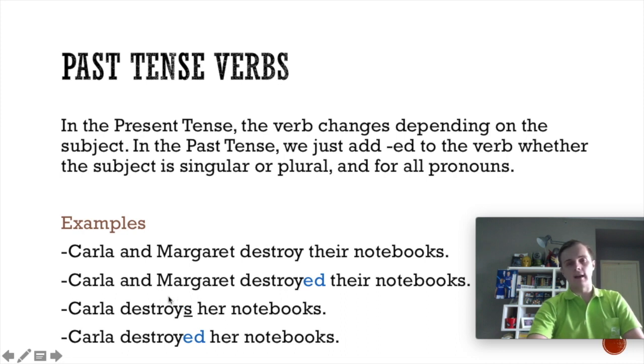Now in the past tense, whether I'm talking about Carla and Margaret or just Carla, I add ed to the verb, destroyed. I don't need to change the verb in the past tense, whether the subject is singular or plural. I don't say Carla destroys, I just say Carla destroyed. Same whether it's a singular noun or plural noun.